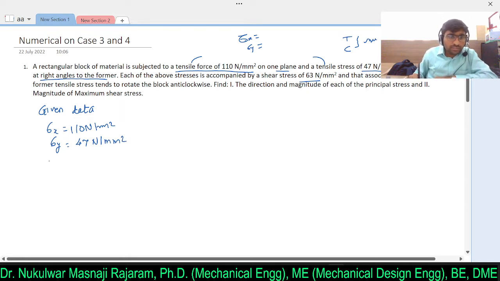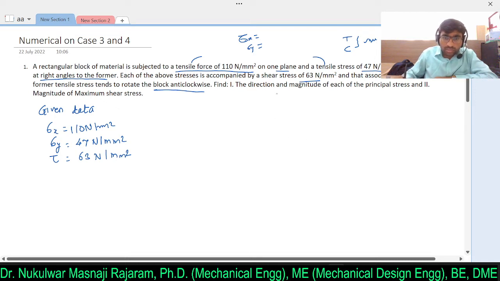It is accompanied by a shear stress tau of 63 Newton per mm square, associated with a normal stress that tends to rotate the block in the anti-clockwise direction. So the direction must be anti-clockwise.